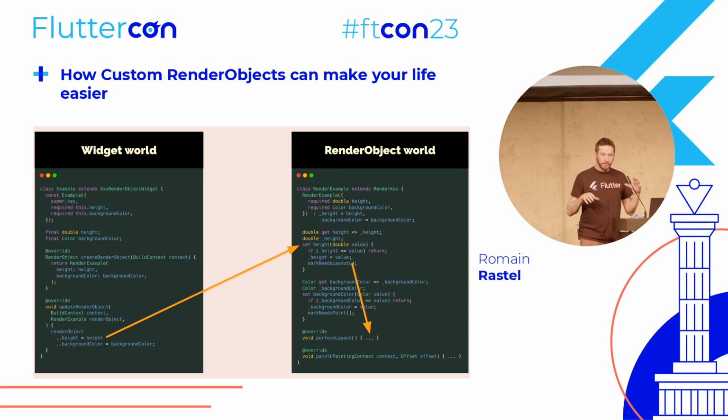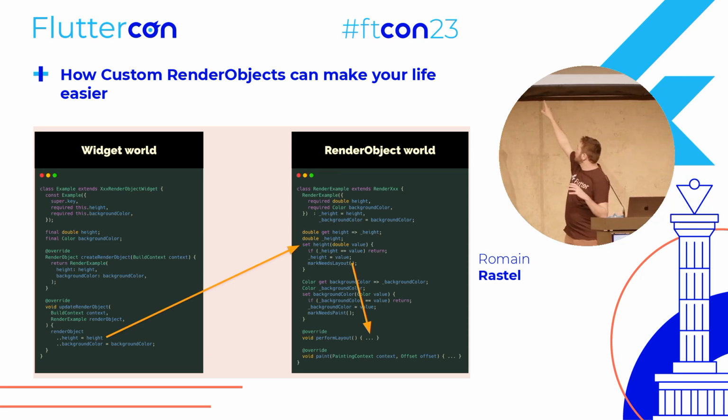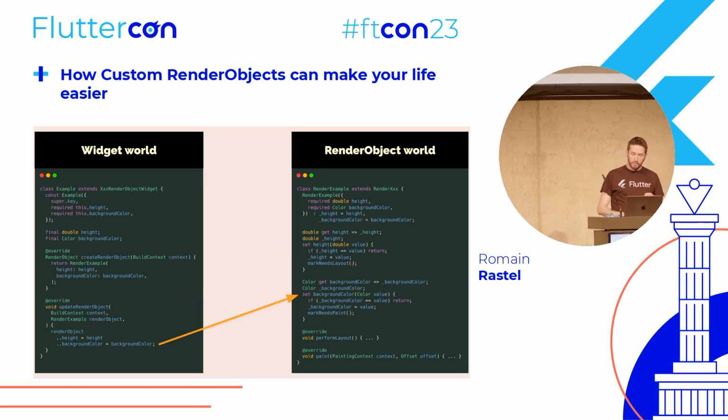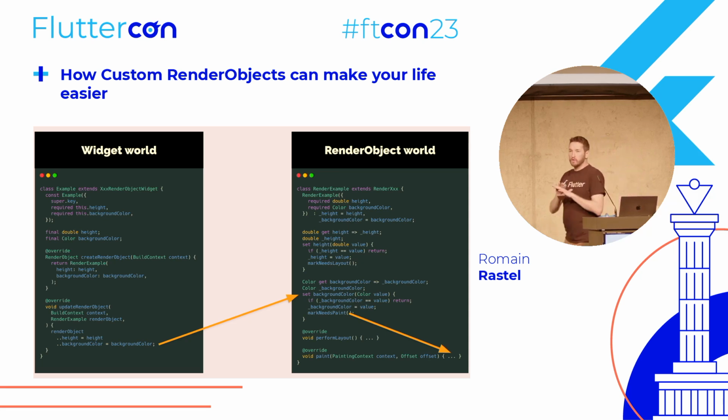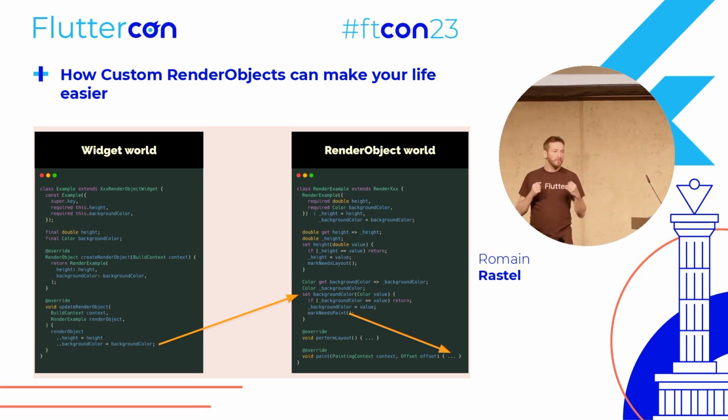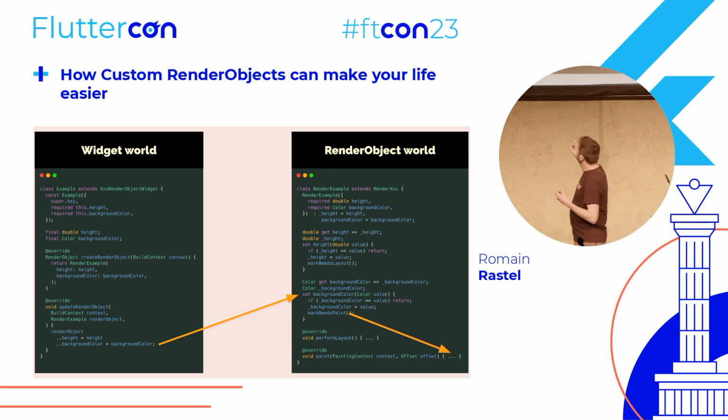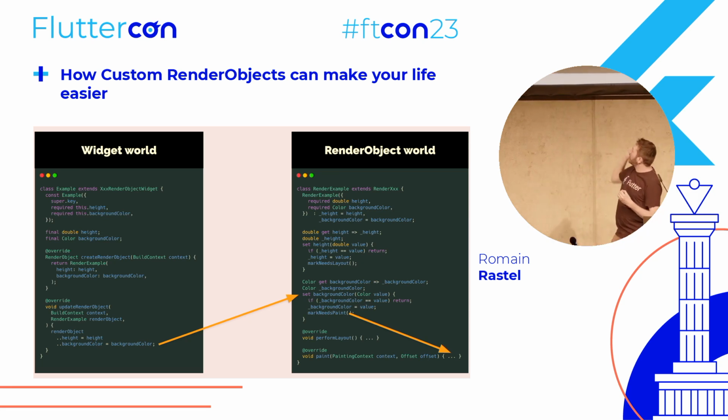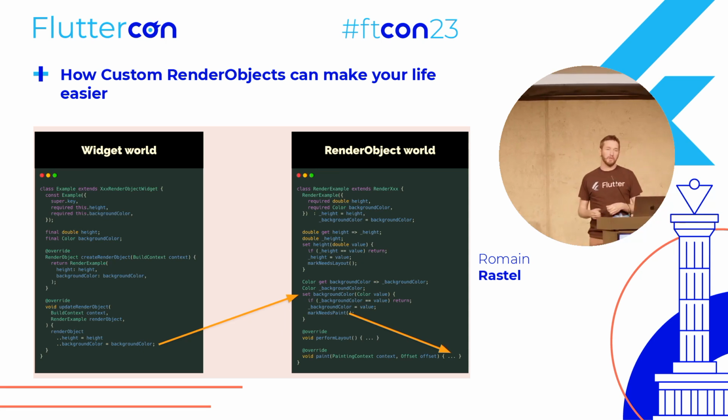So in this case, Flutter will call a method called performLayout after that, and it's in this method that we recompute things. And for the background color, pretty much the same thing, except we don't call markNeedsLayout here because the layout won't change. We only want to paint a different color. And for that, we execute the method markNeedsPaint, and with that, Flutter knows that the paint is dirty, and it has to call the paint method again, and it's in the paint method that we actually paint the widget here.